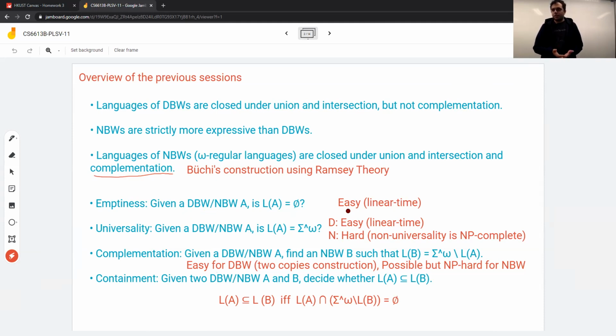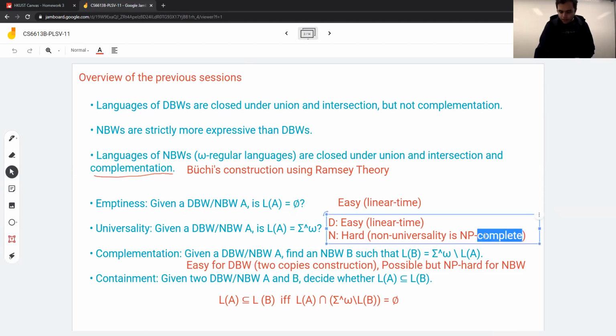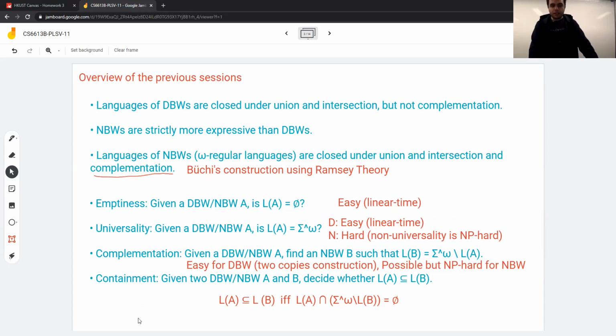And there we saw that the problem is easy for the deterministic case, where we had a linear time algorithm, but it was hard for non-deterministic Büchi automata. And last session, we actually saw a proof of, okay, not NP complete, but NP hardness of non-universality.